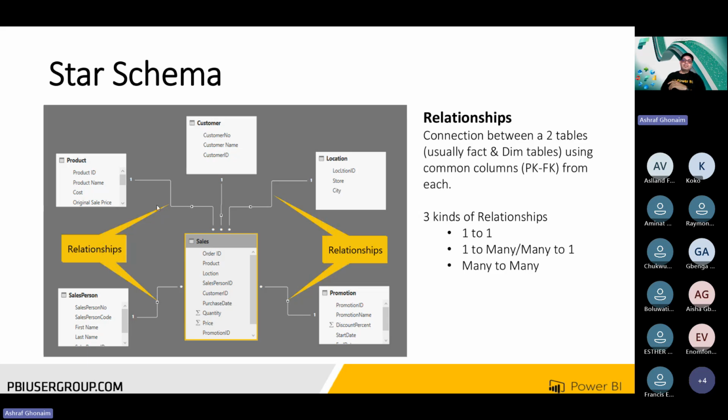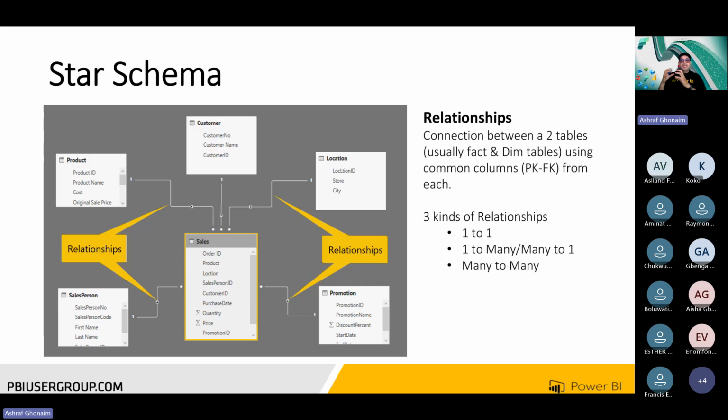Then the last piece here in the dimensional model or any data modeling in general is the relationship, because every single table has an association somehow with the fact table. That's where we need to use this relationship to break down our millions of record sales transactions further to a specific region, to a specific product, to a specific location, for a specific salesperson, etc. That's what we call relationships.